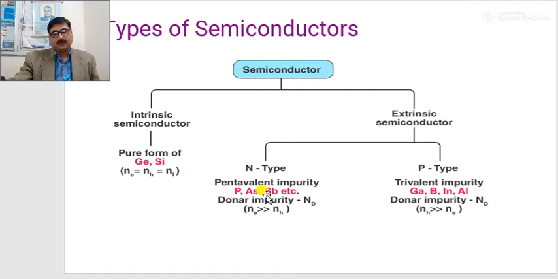If the doping element is pentavalent impurity, then an N-type semiconductor is prepared. Similarly, in the P-type semiconductor, the doping impurity is trivalent.